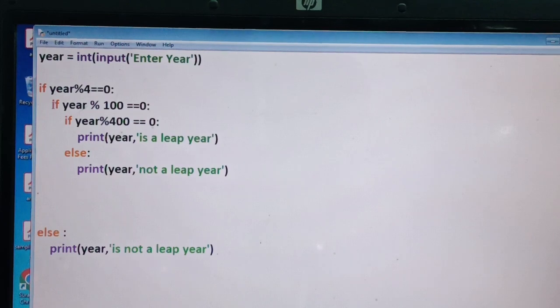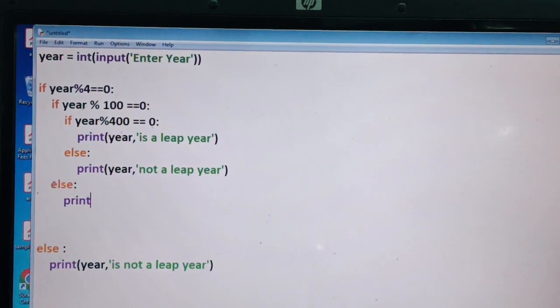So see where I have written the else part: it is a leap year.